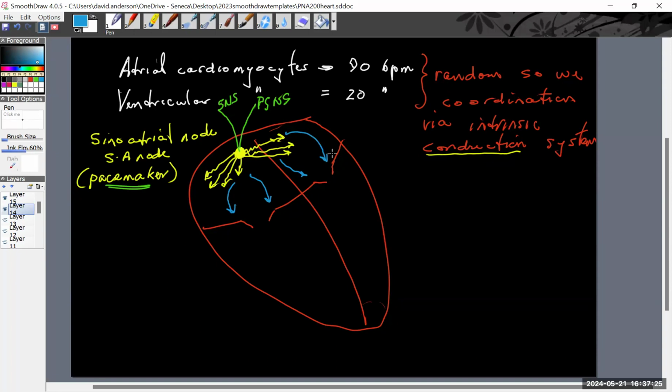And where do we want to deliver? Inferior, through those valves. So you can see by the beginnings of this conduction system that we've already coordinated the atrial chambers to contract from superior to inferior. Remember, these cells were connected to one another through intercalated discs.